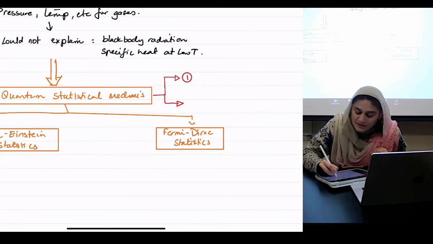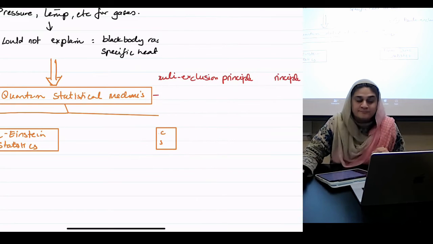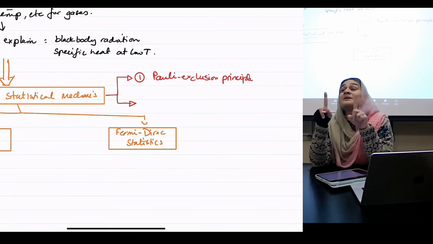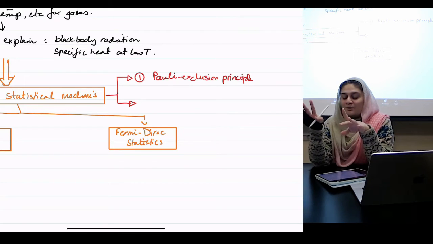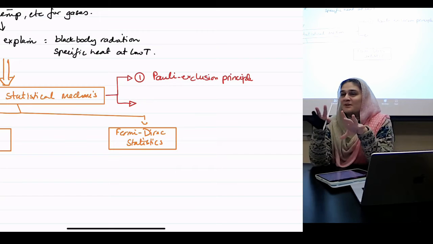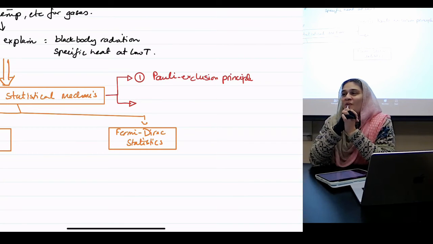One is called the Pauli exclusion principle. Okay, what does the word exclusion mean? Excluded. So think about what these two words would mean. Pauli is the name of the guy. No two fermions can be in a single state.